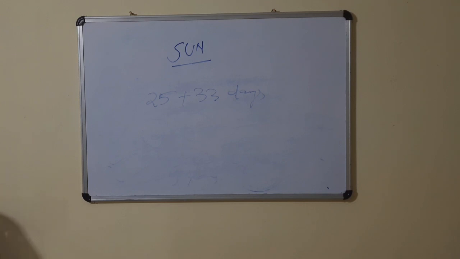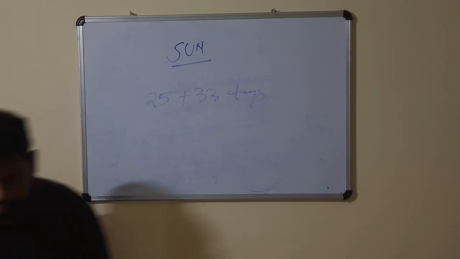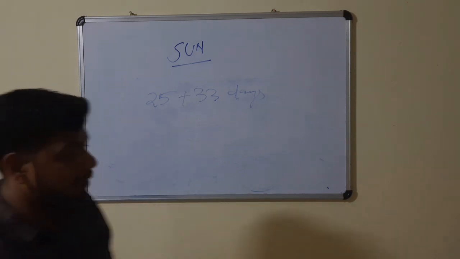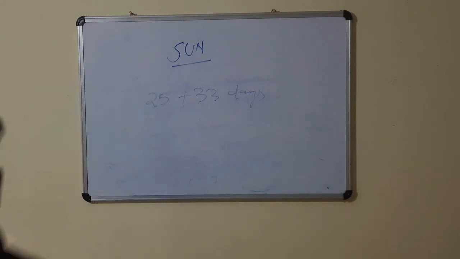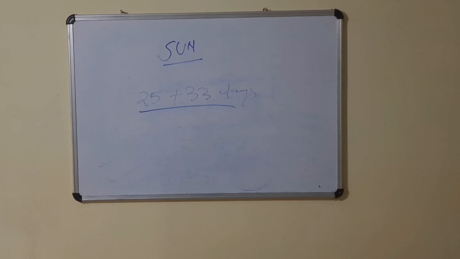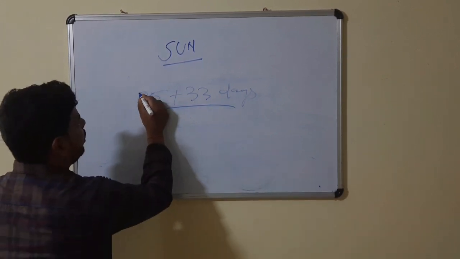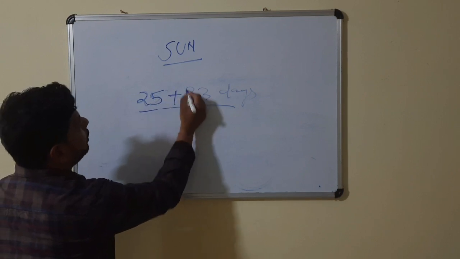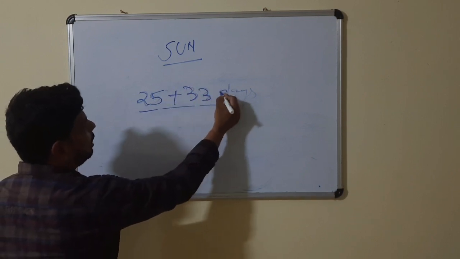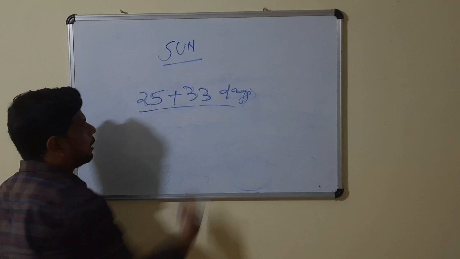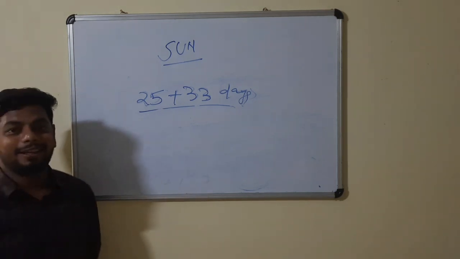Got it? Clear now? A very important question is there. So the sun completes one rotation within 25 to 33 days, right? It varies.